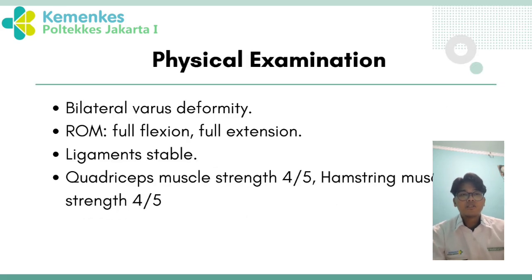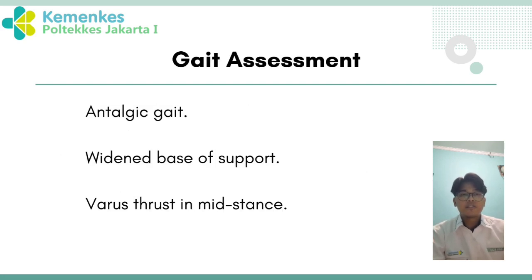Next, physical examination: bilateral varus deformity, ROM full flexion and full extension, ligaments stable, quadriceps muscle strength 4 out of 5, hamstring muscle strength 4 out of 5. Gait assessment: antalgic gait with a wide base of support, varus thrust in midstance.